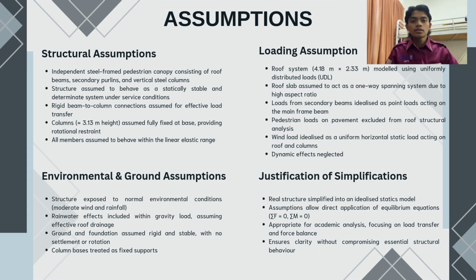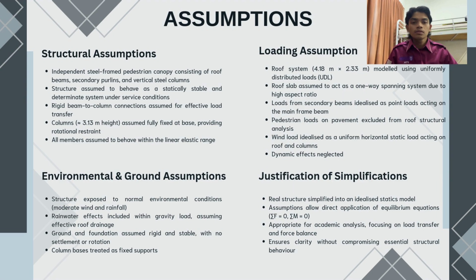For this analysis, several assumptions were made to simplify the pedestrian walkway canopy into a statics-based structural model. First, in terms of structural assumptions, the pedestrian walkway is considered as an independent steel frame canopy consisting of roof beams, secondary purlins, and vertical steel columns. The structure is assumed to be statically stable and properly connected with rigid beam-to-column connections to ensure efficient load transfer.